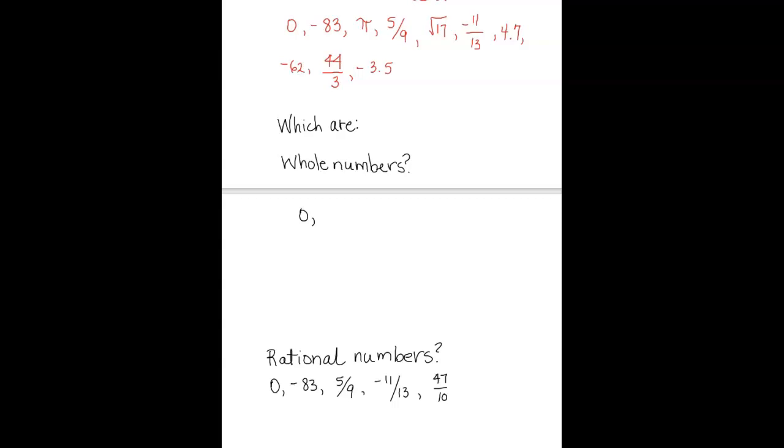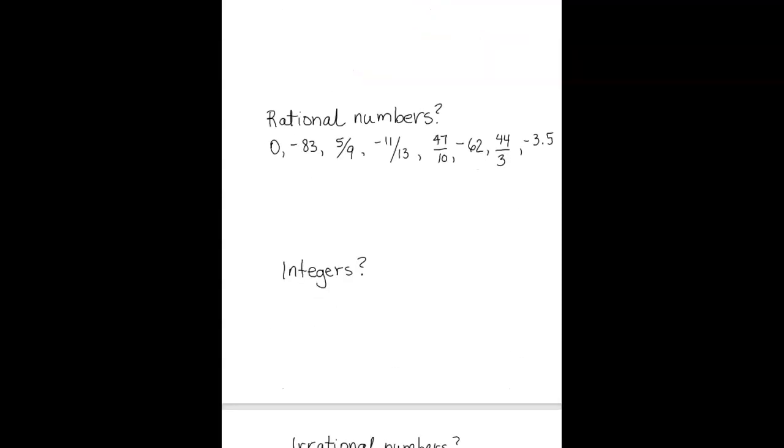All right, so negative 62, 44 over 3, right? That's definitely a fraction. And then my negative 3.5, right? That decimal terminates, it stops. So that right there is also a rational number.